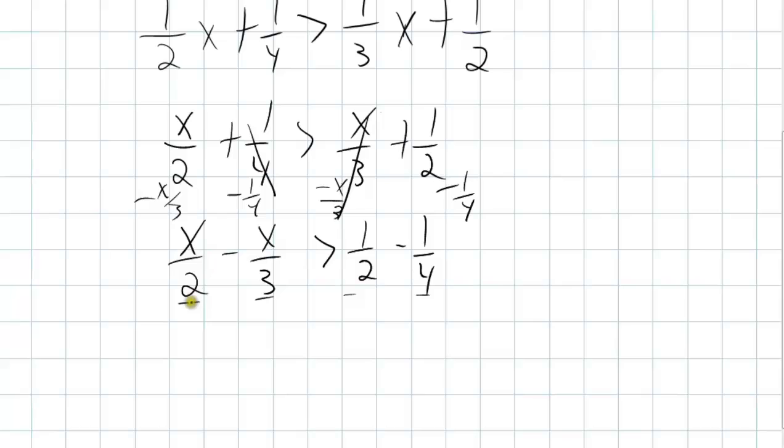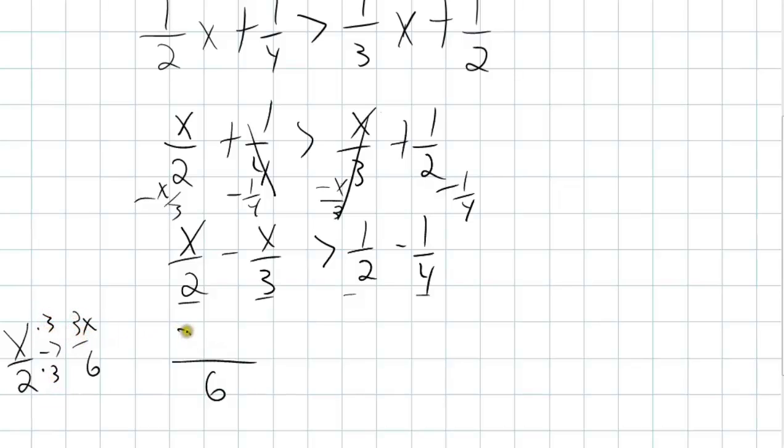Okay, so a common denominator for 2 and 3, a pretty simple one, is 6. So remember that I have to change the top parts to match what I'm changing to the bottom. What I mean by that is I'm going to make both of these be over 6. But to change x over 2 to be something over 6, I have to multiply both the top and the bottom by 3.